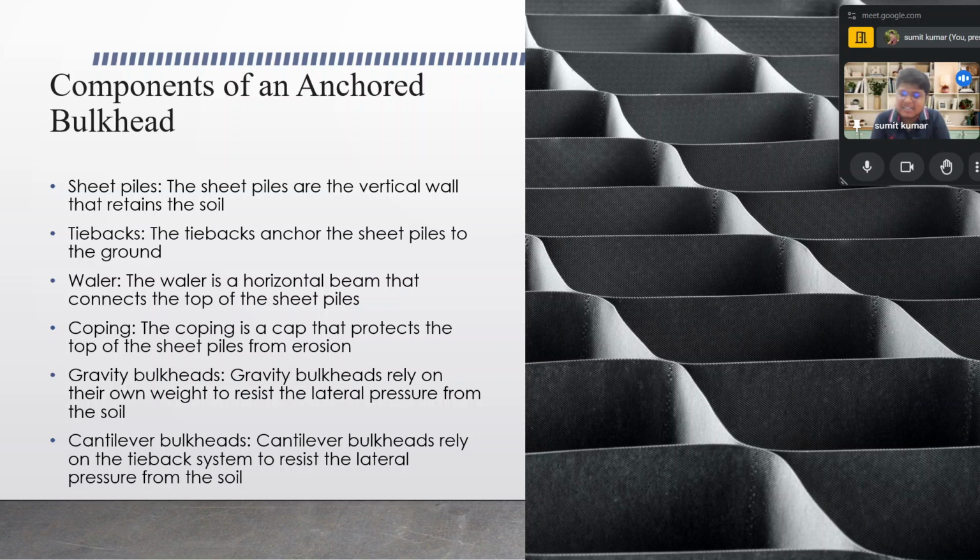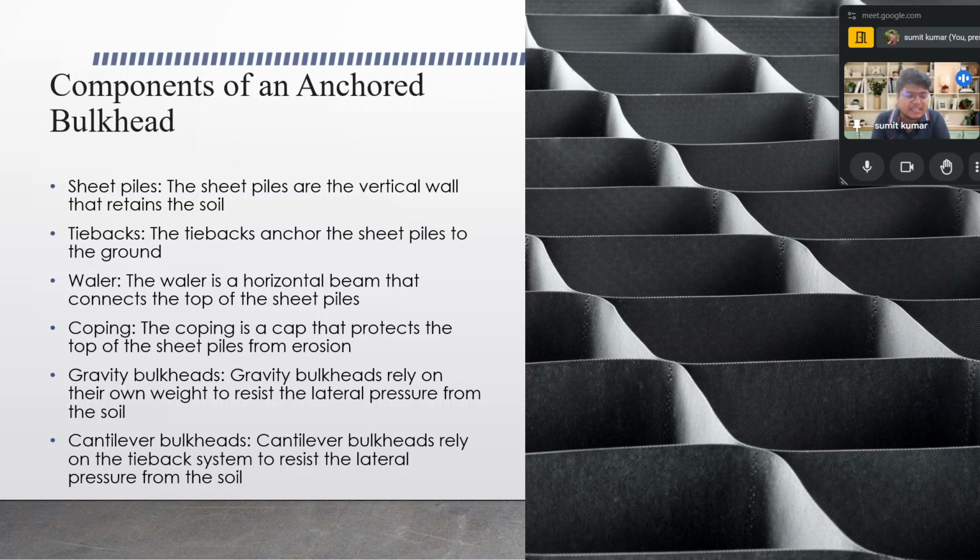The second one is the tiebacks. The tiebacks anchor the sheet piles to the ground. Third is the waler. The waler is a horizontal beam that connects the top of the sheet piles. Sheet piles are watertight as well, so the connection is very important. If the connection is not sound, then there is no point.